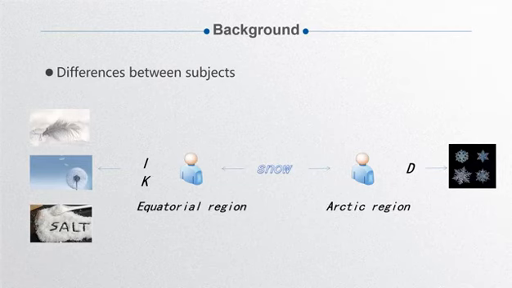For example, people in equatorial and Arctic regions will have different cognitive differences for the objective existence of snow. This will make it difficult for us to deal with the content in the process of filling in the form.